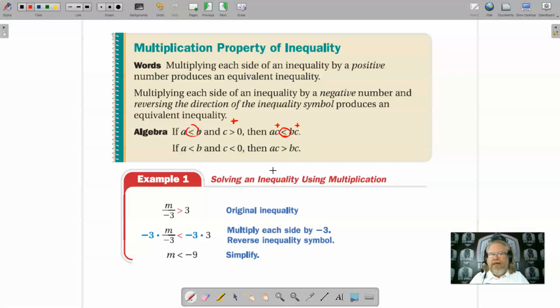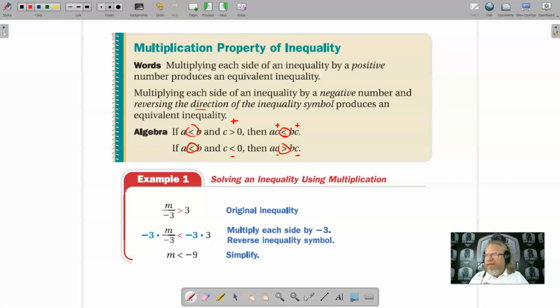So notice that the sign remained the same. However, if A is less than B and C is less than 0, that is to say that C is a negative number, then whenever we multiply both sides by a negative number, notice that the sign changed. First we had a less than, and now we have a greater than. They even use the word direction here, so reversing the direction. So we have to change the sign, or we have to flip the sign.